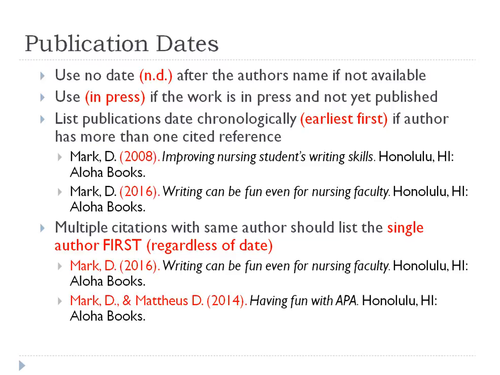So you can see in this instance, Mark D, 2016, but Mark D also published with Matthias D in 2014. So in this instance, we're going to list Mark D because it's the single author first, although it is the latest article that was published by Mark D.